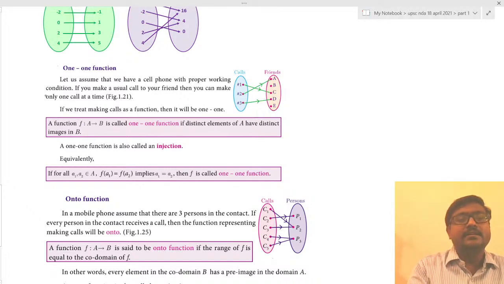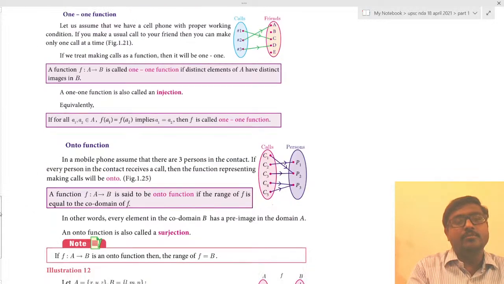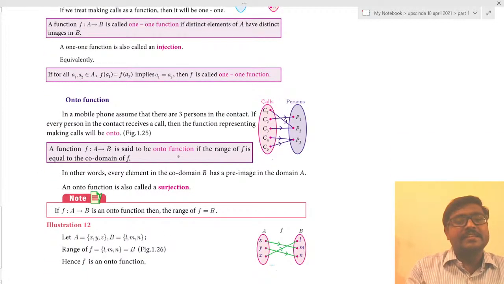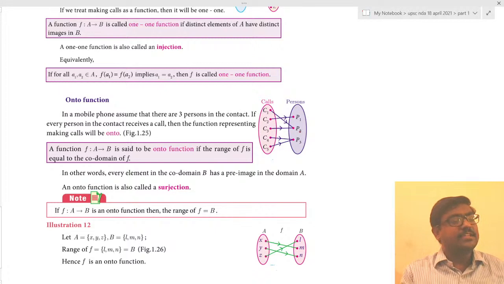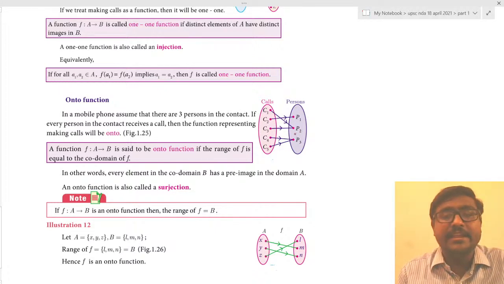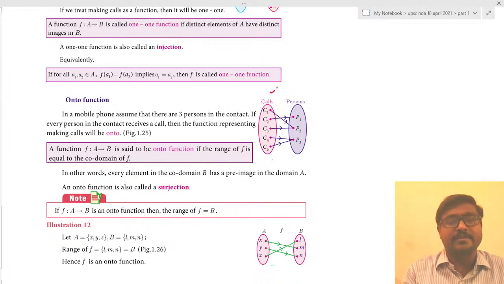And what do you mean by an onto function? The range of f is equal to the codomain. That means all the elements in the codomain should be an image of some element in the domain set.